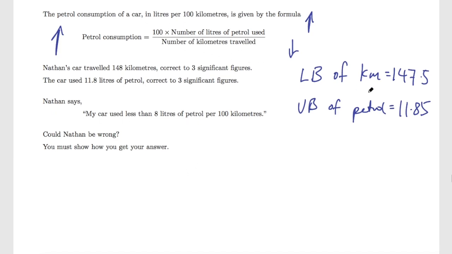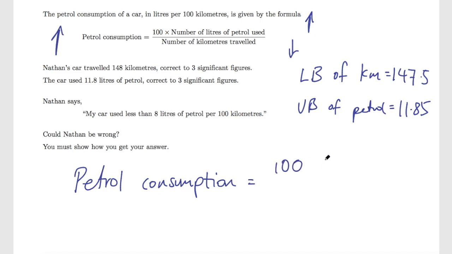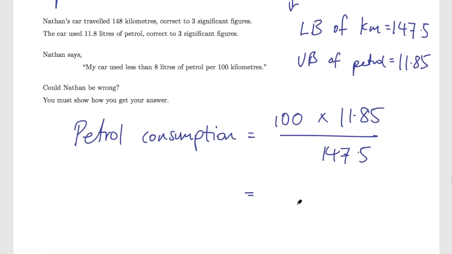And then we need to take these values, plug them into this formula, so we can say that the petrol consumption will equal 100 times 11.85 divided by 147.5, and if you do that calculation, you get 8.03389.